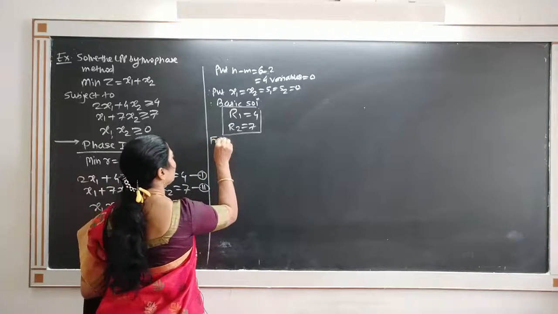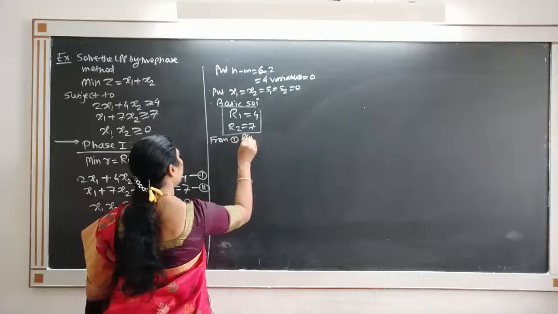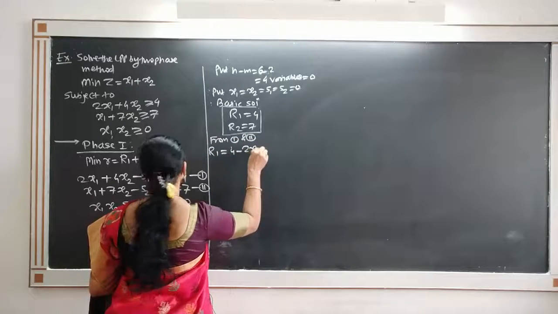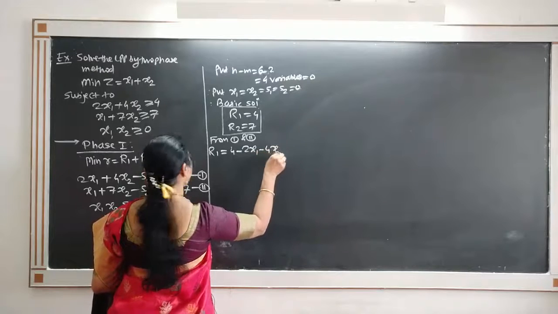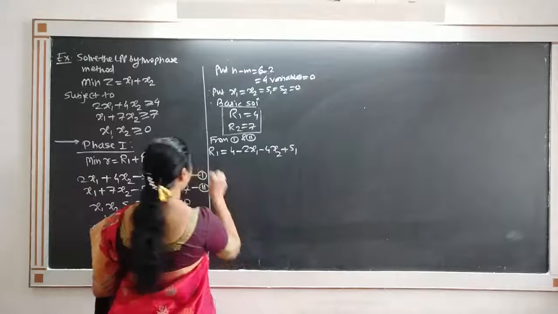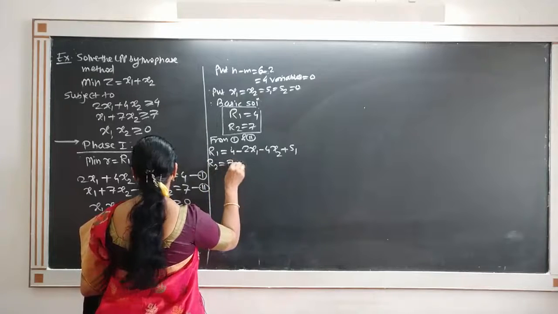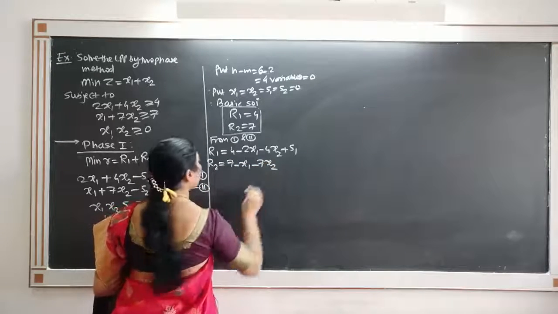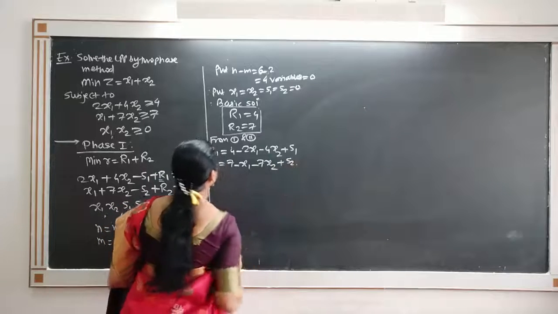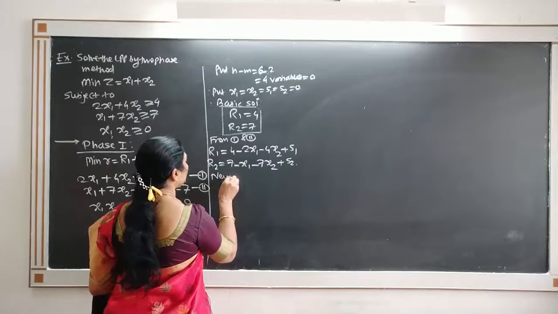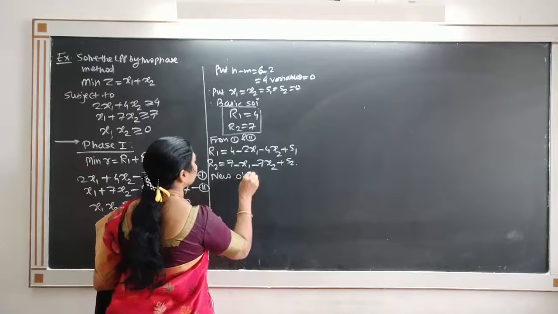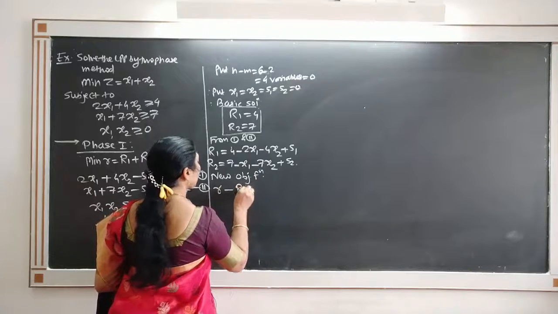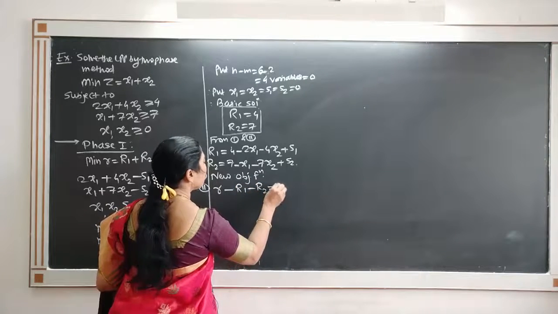So from equations 1 and 2, r1 comes to be 4 minus 2x1 minus 4x2 plus s1, and r2 is equal to 7 minus x1 minus 7x2 plus s2. Now the new objective function, that is the new r row, is r minus r1 minus r2 equal to 0.